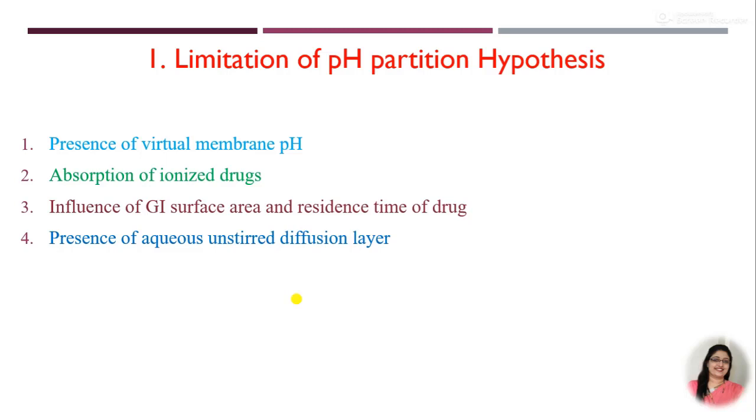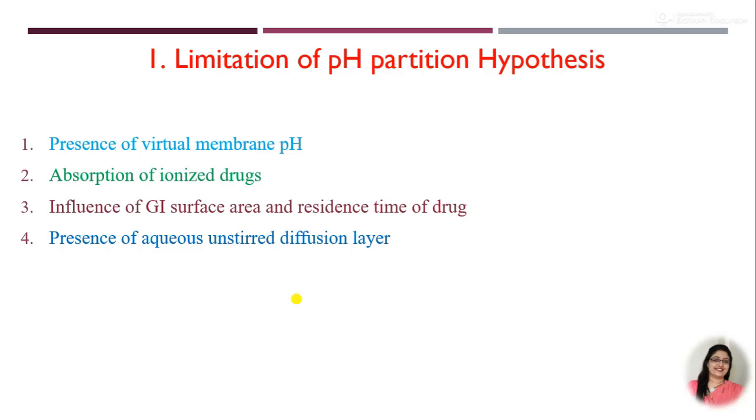The HLB value plays a very important role. The higher the HLB value, the greater will be the extent of permeation. But there are certain limitations of the pH partition hypothesis. Let us understand them one by one.